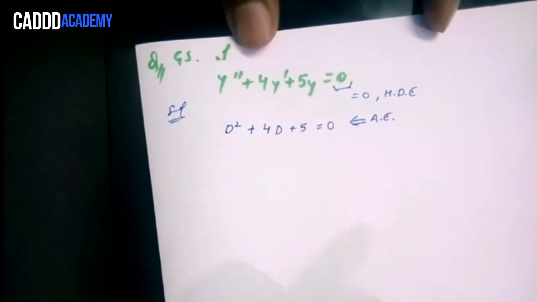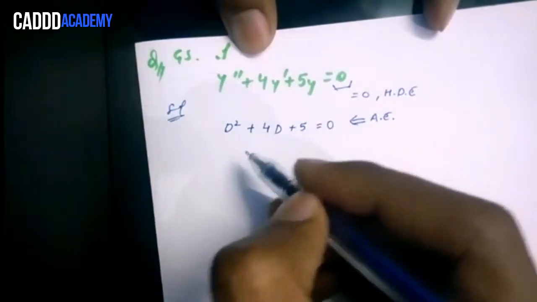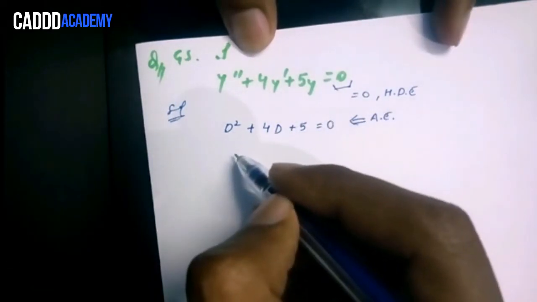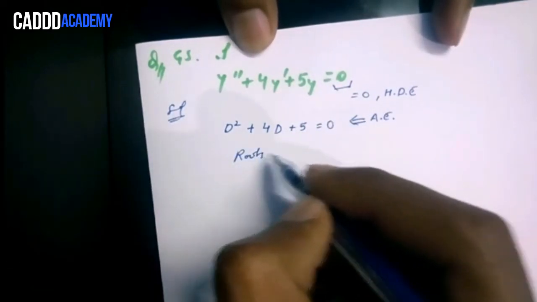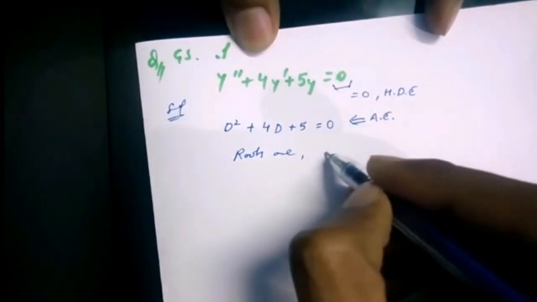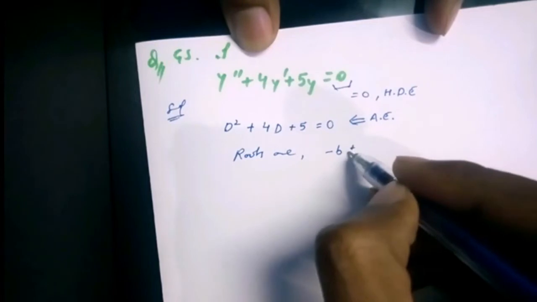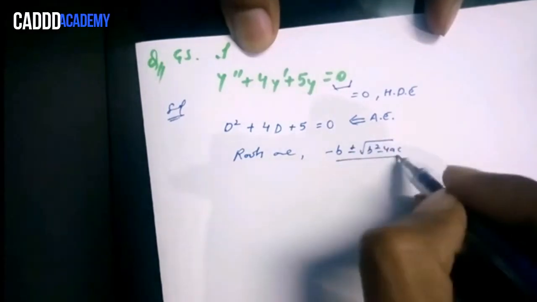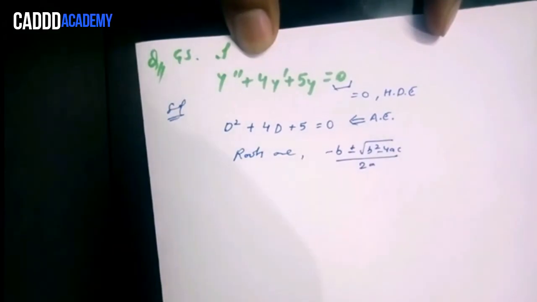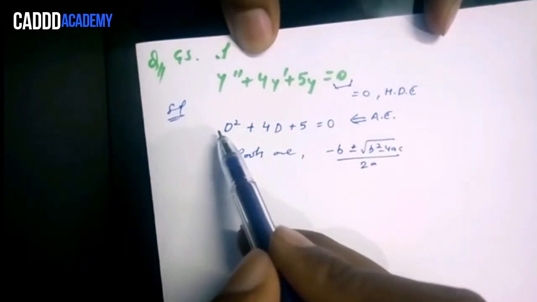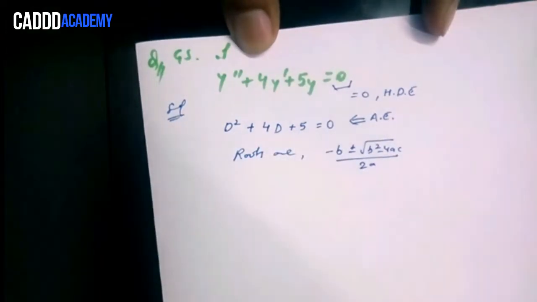Now we get the roots of this equation, and the roots are minus b plus minus square root of b square minus 4ac, divided by 2a. Here 1 is a, this is b, and this is c.